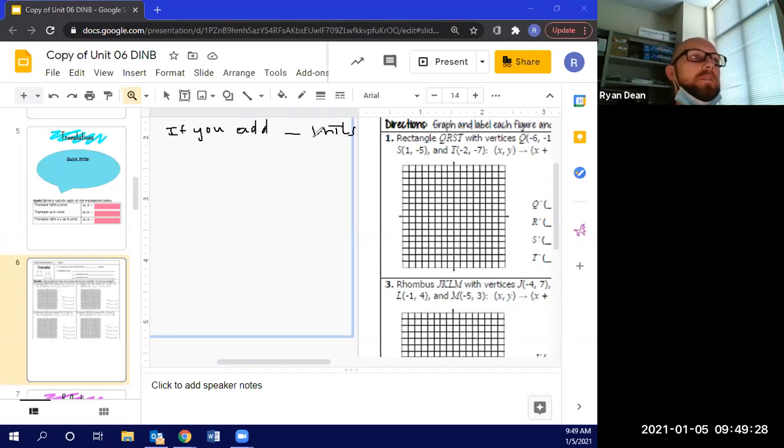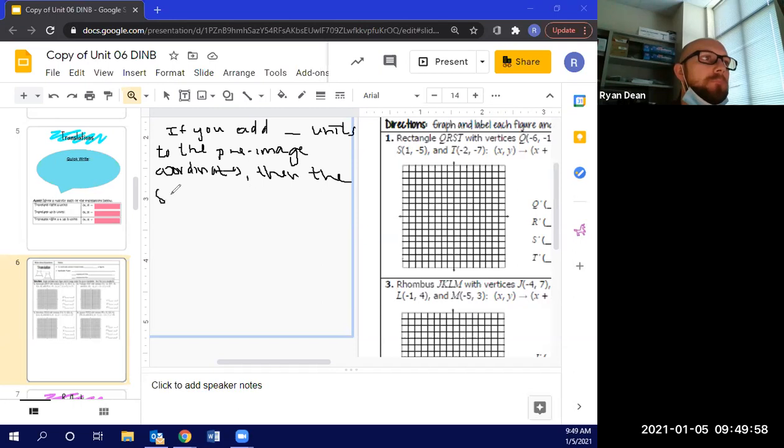I just put this little blank here saying that if you add however many units to the pre-image coordinates, then the shape will go to the right. The second rule is if you subtract, then you go to the left. And this is for the x values. So if you subtract, the shape goes left.